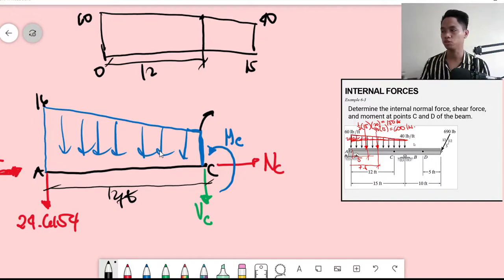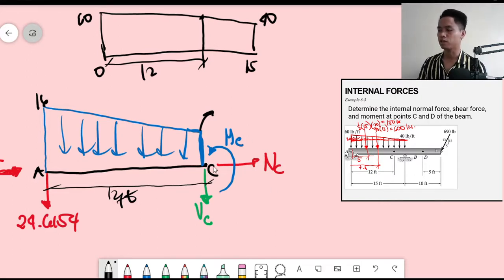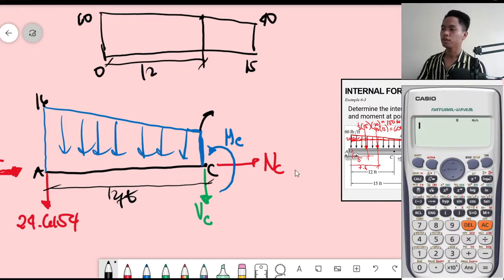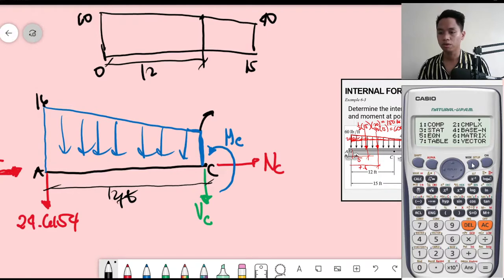Again, you can use ratio and proportion, but there is an easier calculator trick that I'm going to teach you, a very useful one you can use in the future. Using your calculator, go to mode, that should be mode 3.